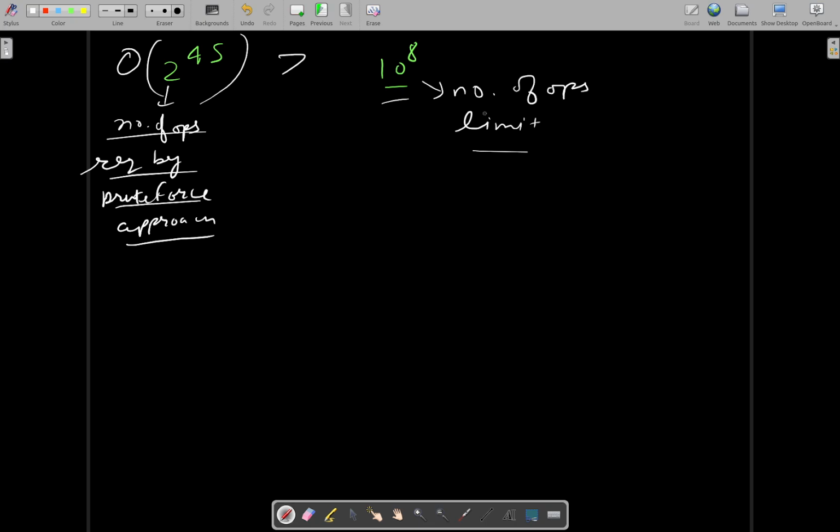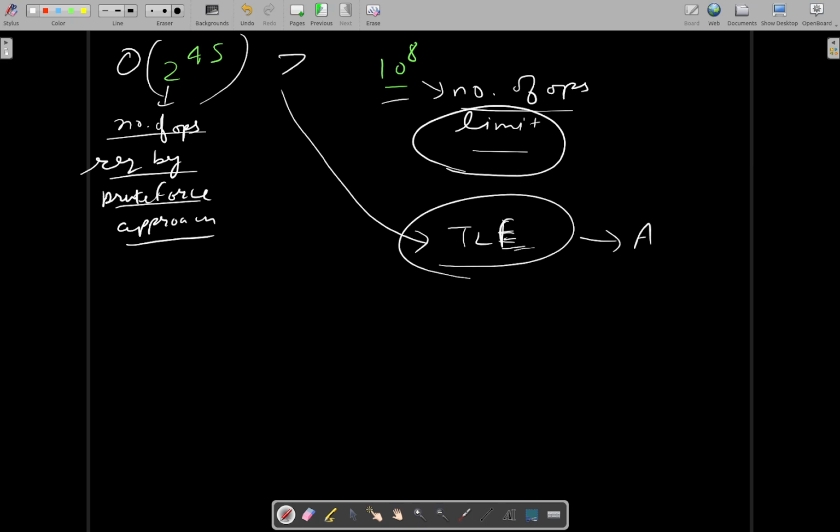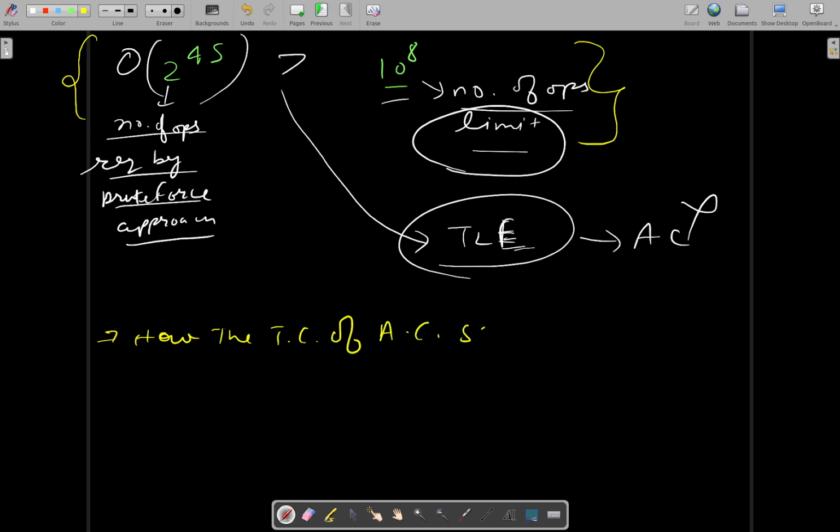Basically what happens is, if the number of operations required by your program exceeds this limit, or becomes equal to it, then you may get a TLE and your solution will not be accepted. So those of you who are new to this concept, I will be providing a link of an article explaining how the time complexity of an accepted solution varies according to input size.